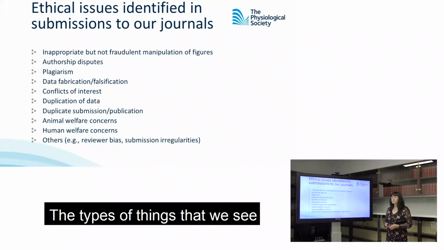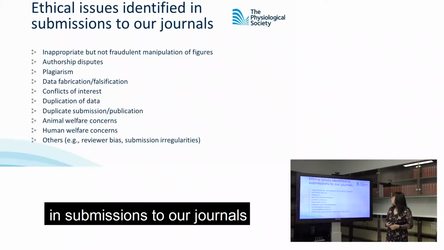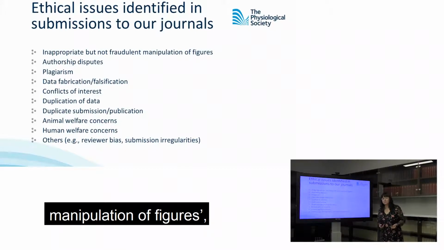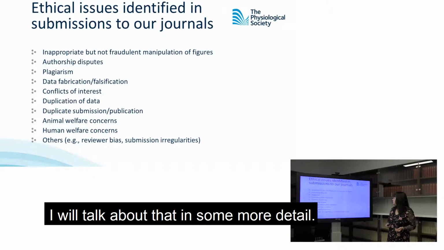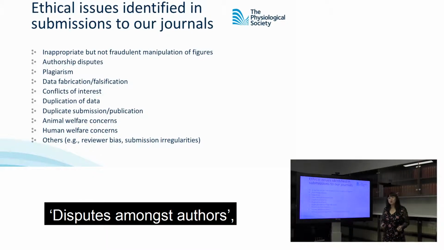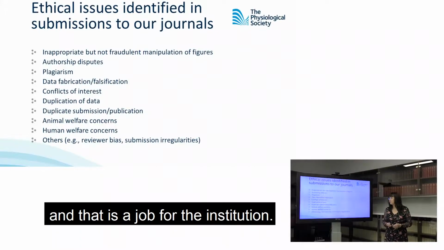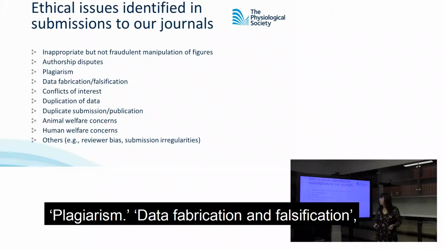So the types of things that we see in submissions to our journals are, first of all, inappropriate but not fraudulent manipulation of figures. I'll talk about that in some more detail. Disputes amongst authors, very difficult for the journal to sort out, and usually that's a job for your institution. Plagiarism.